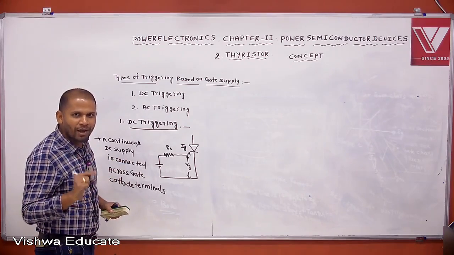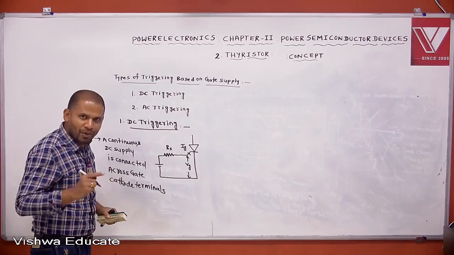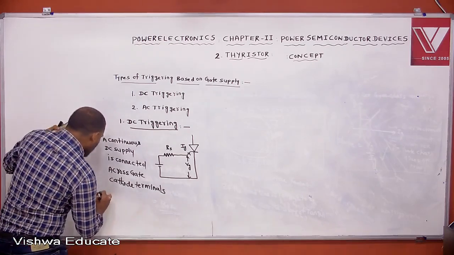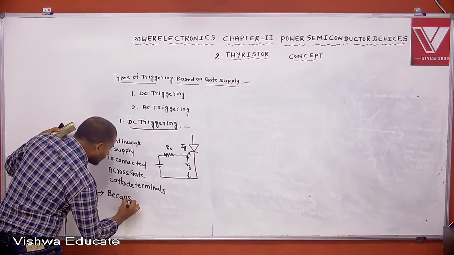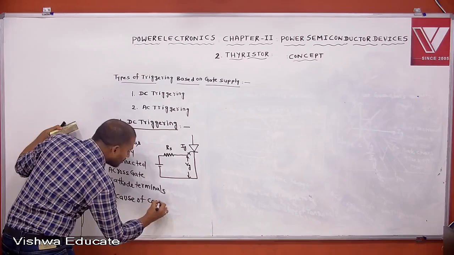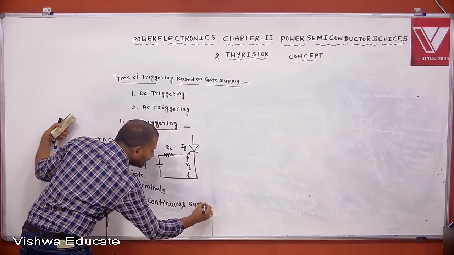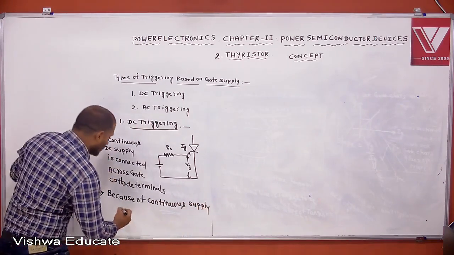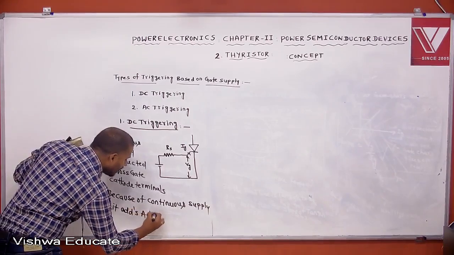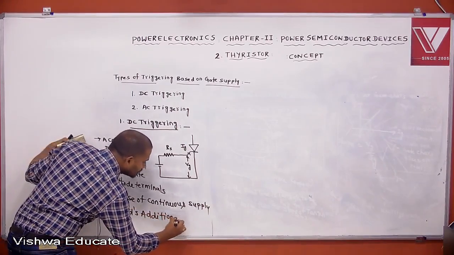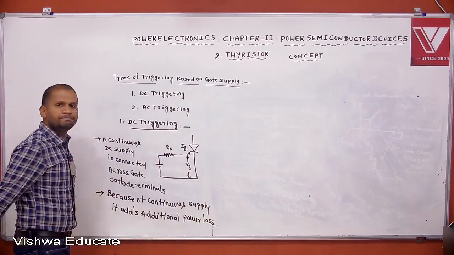That is one drawback of DC triggering: because of the continuous supply, it adds additional power loss.